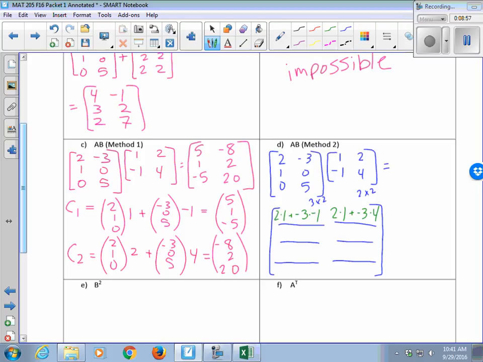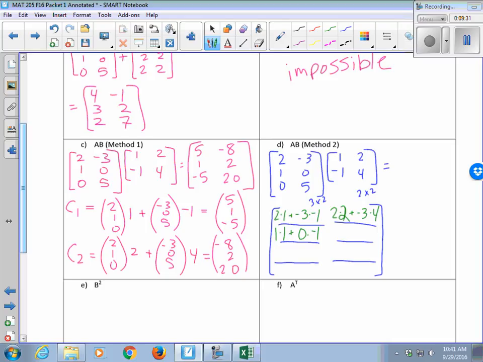So you take row 2 times column 1, and you're going to put the result in row 2, column 1 of your answer. So I'm going to have 1 times 1 plus 0 times -1. Yes, thank you. Yeah, 2 times 2 plus -3 times 4. Thanks. Column 1 of B. Yep.